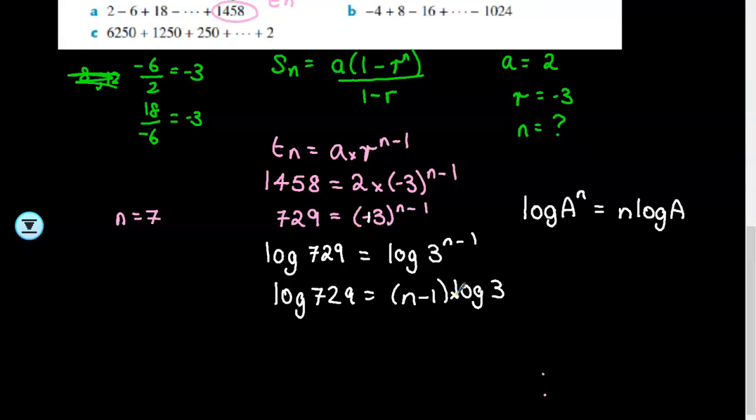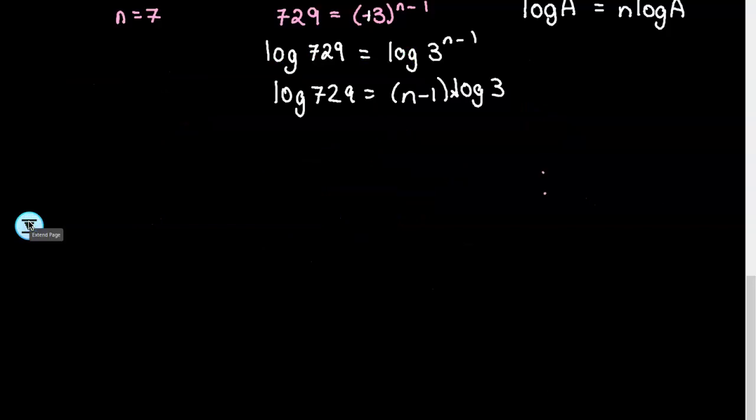How do I get rid of that times log 3? You can divide. You could expand the brackets if you wanted to, but I'm going to go with the divide method. So it's going to be log 729 over log 3. That's going to equal n take 1. So we can pop that in our calculator.